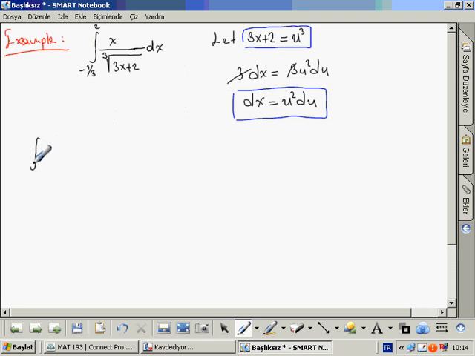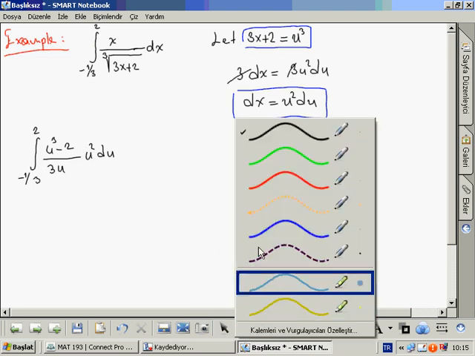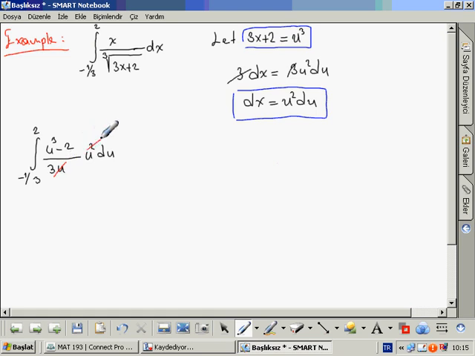And the integral, with the u cubed minus 2 over 3u, and the u squared du, and this part will be cancelled.